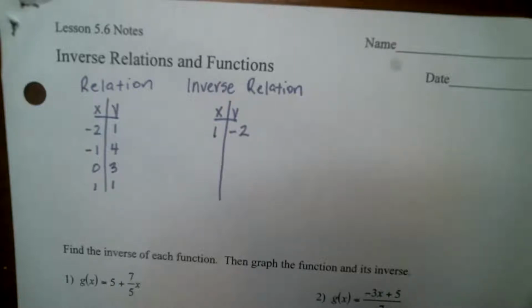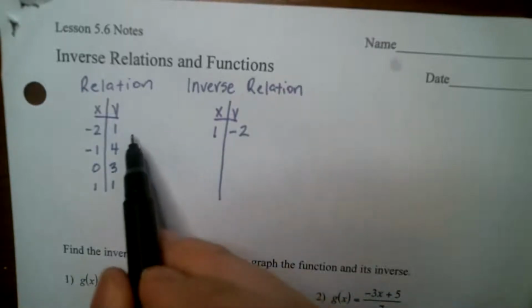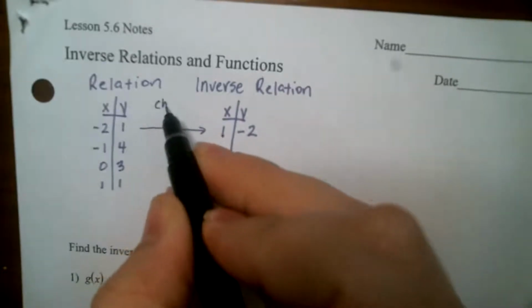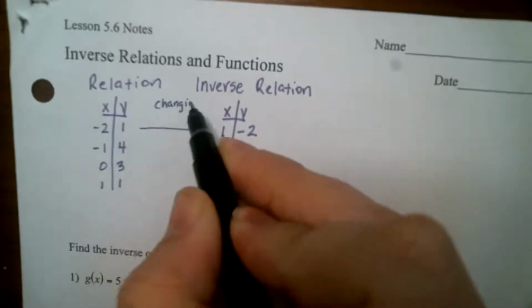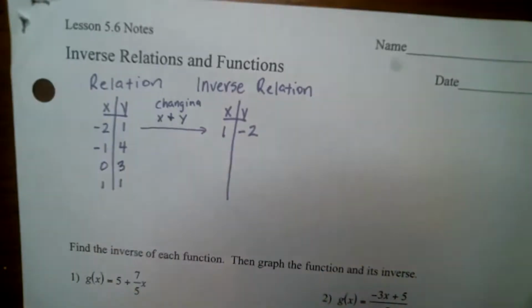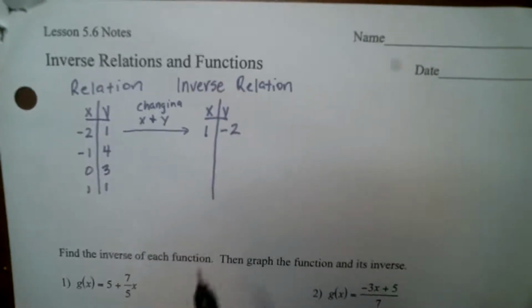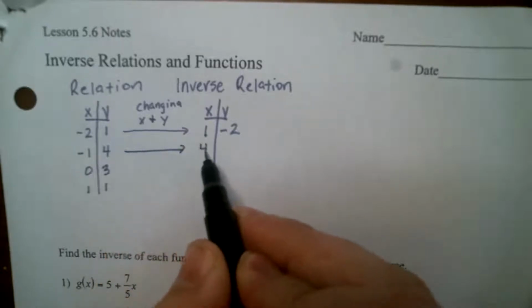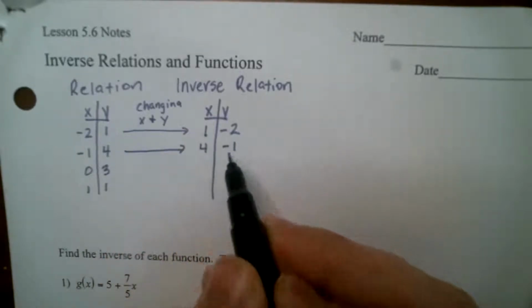And then, again, you are just changing x and y. So then here, that would be 4 and -1.